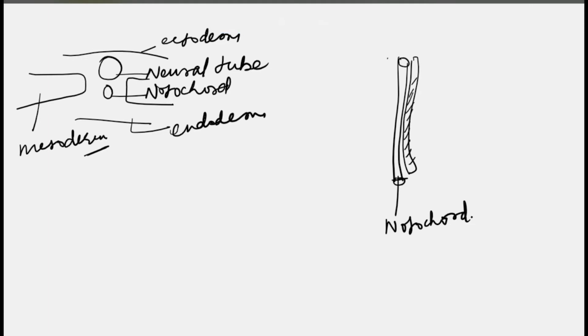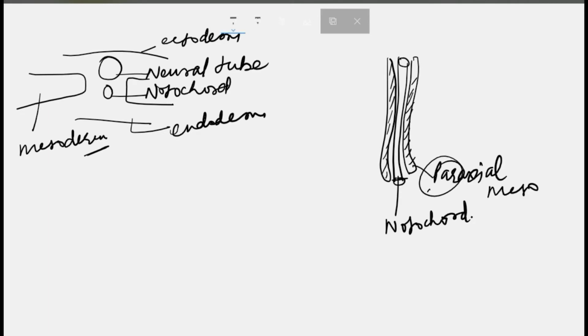This mesoderm, which is lying just beside the notochord, is called paraxial mesoderm. Para means side, axial means axis. So the mesoderm lying just beside the notochordal axis is called paraxial mesoderm.